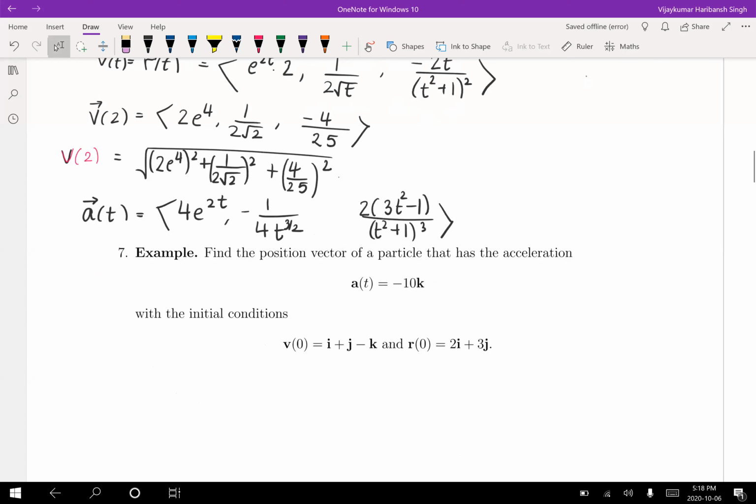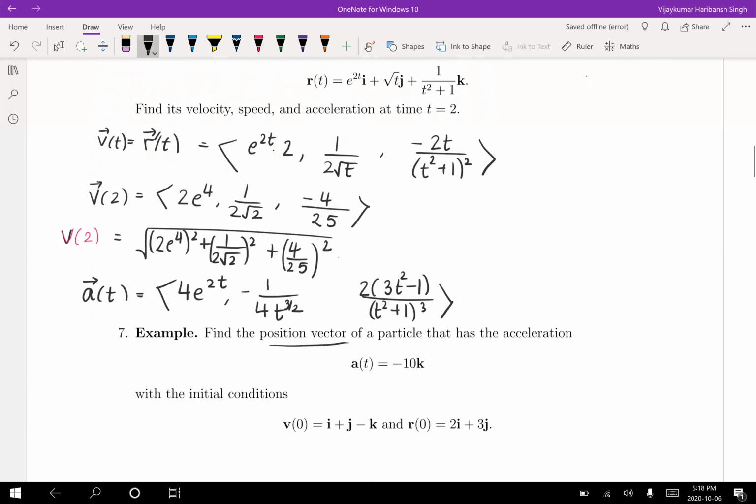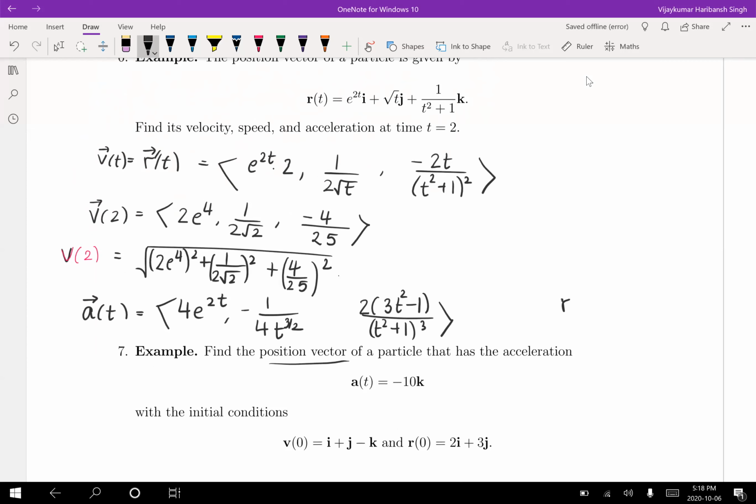Now let's look at the following. The acceleration of a particle is given as follows, and we need to find the position vector of the particle. Now it goes the other way around. The idea is you go from position to velocity to acceleration using derivatives.